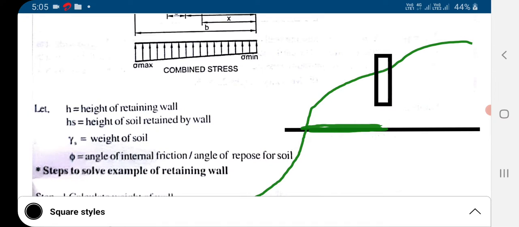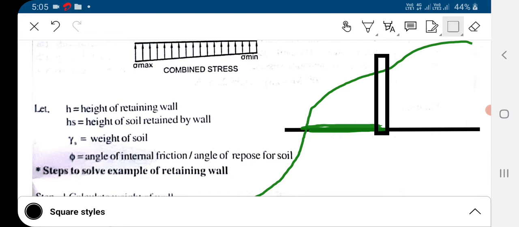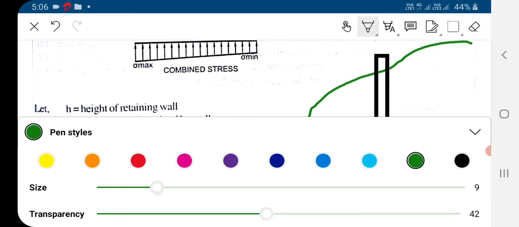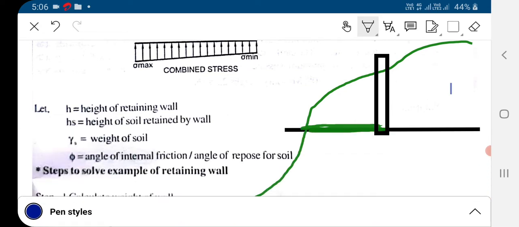We need to construct one retaining wall over here, and we have to remove whatever the material is over here.